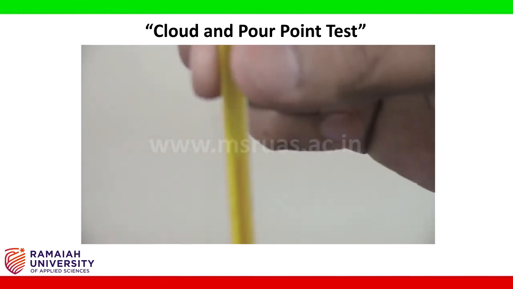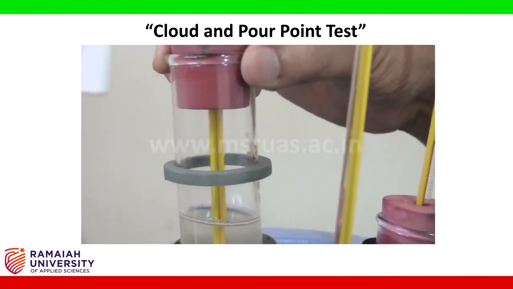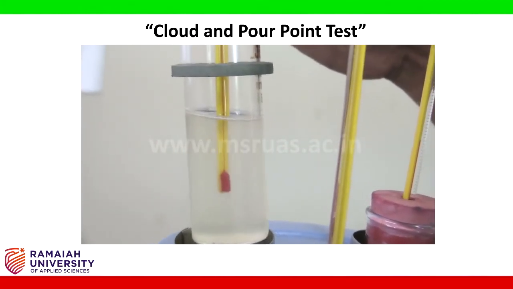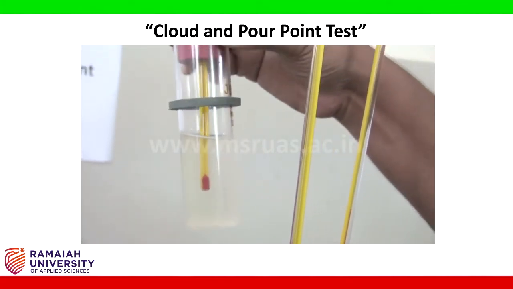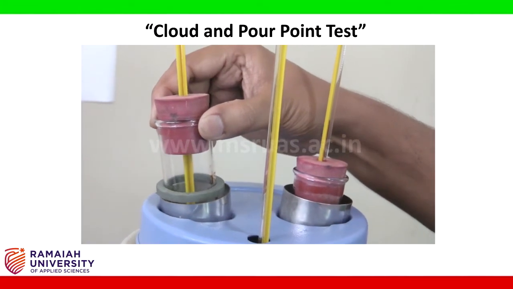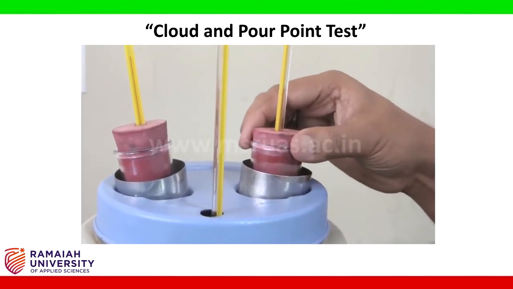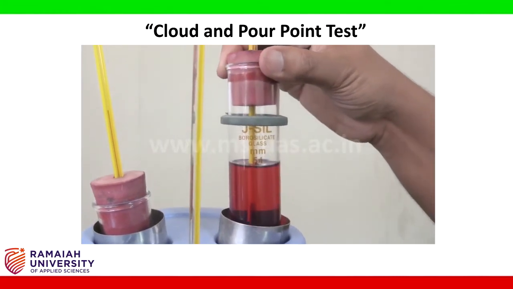You have to monitor any cloud formation for 1 degree drop in the temperature, and you can place it back into the test tube holder like this. Similarly, you have to do for engine oil as well.